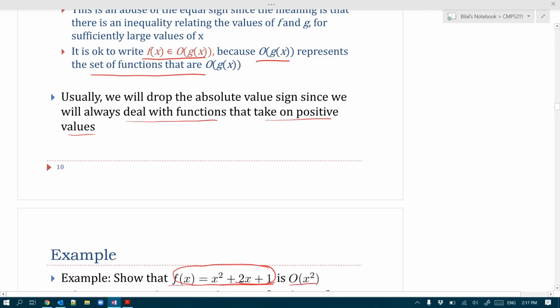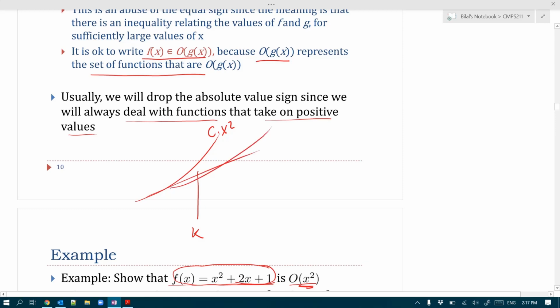But don't forget that it's sufficient to find a certain threshold k, after which, if we multiply x squared by a sufficiently large constant, then that constant times x squared exceeds the other function systematically.